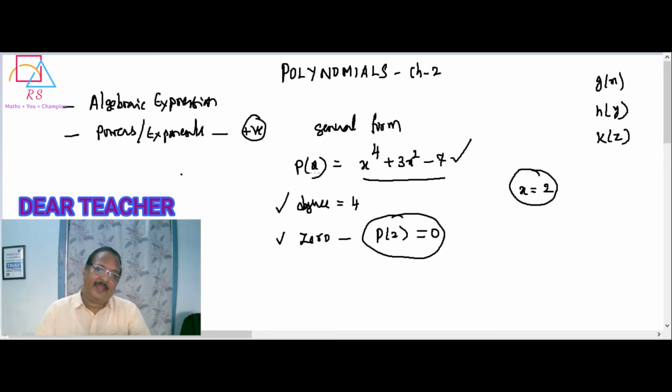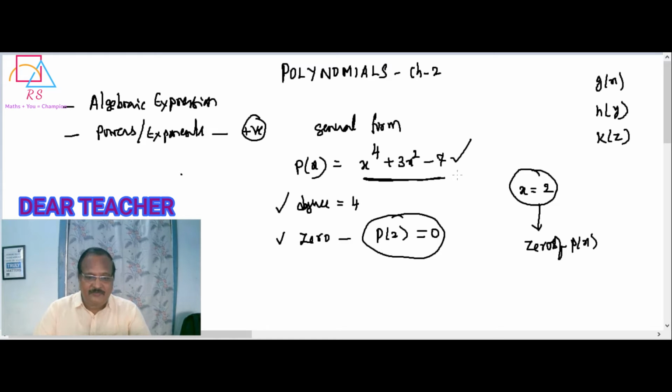That means at x equal to 2 the entire value is 0, so 2 is called a zero of p(x). So a zero is the value of the variable at which the polynomial becomes 0.